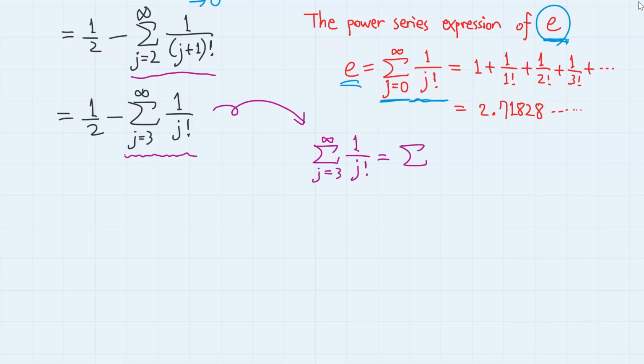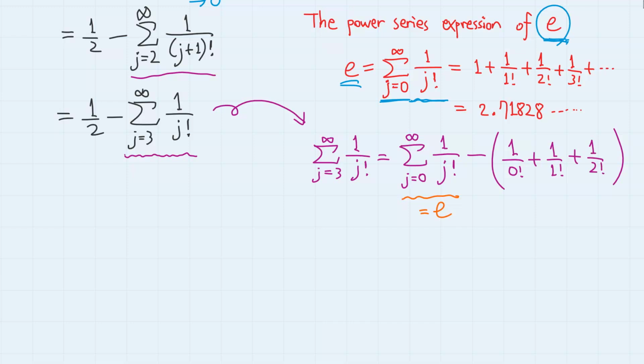This equals sigma 1 over j factorial, with j from 0 to infinity, which is e, minus the terms corresponding to j equals 0, 1, and 2. So e minus 1 plus 1 plus 1 over 2. So e minus 5 over 2.